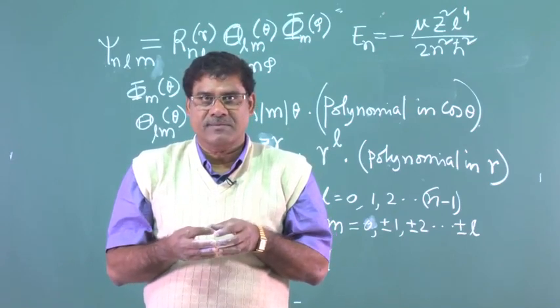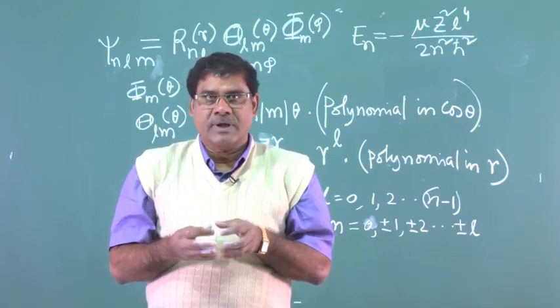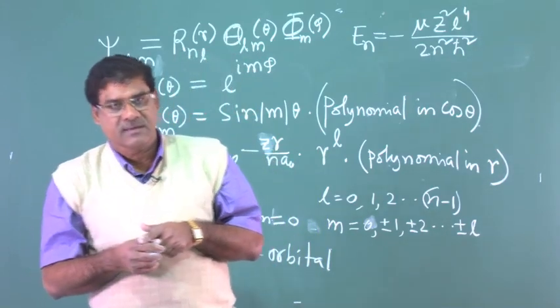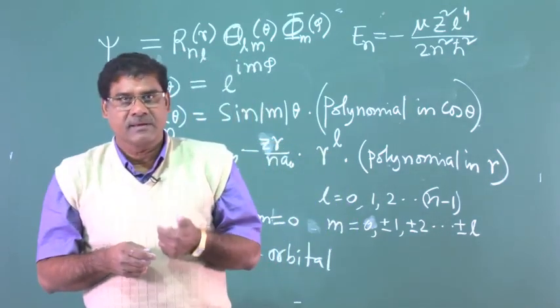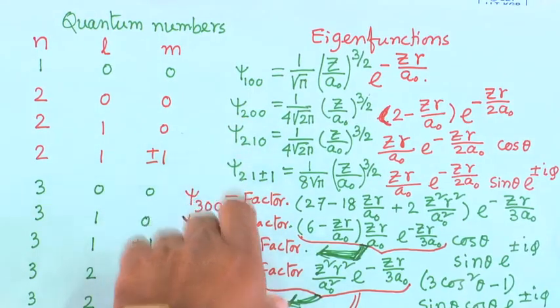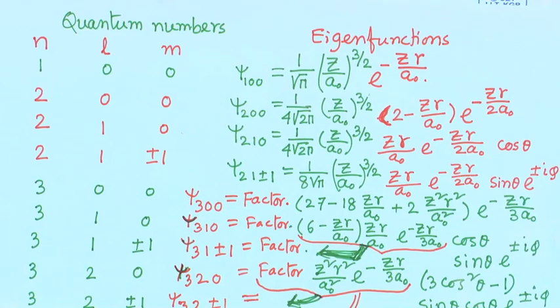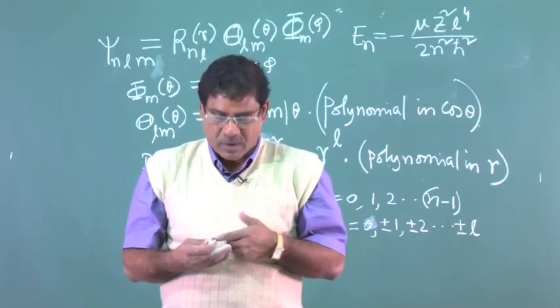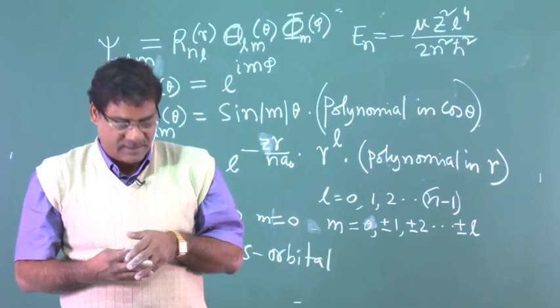So instead of plotting psi n L m, if we plot the individual wave functions, that is R n L, then theta L m and then phi m, it will be more convincing and easier to understand.